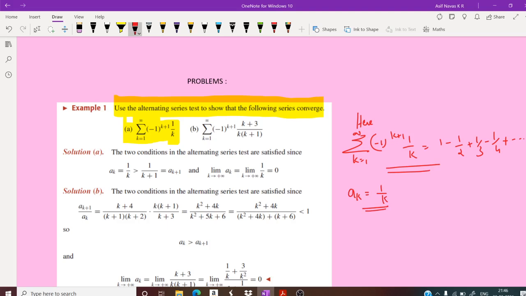Now we will check whether a_k ≥ a_(k+1) for all k.